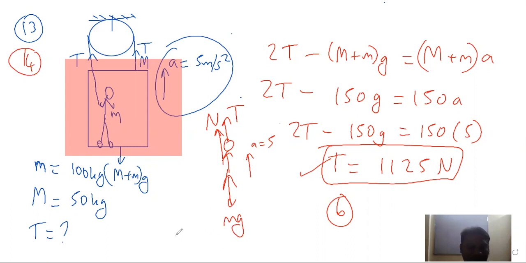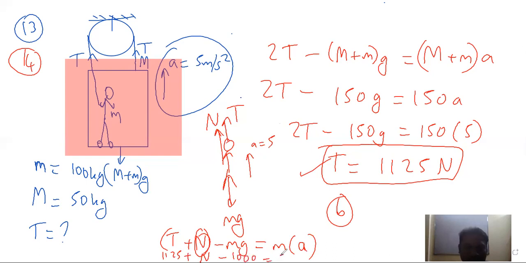So in this case, for the man, we have T plus N, the upward forces, minus the downward force mg, equal to the mass of the man into the acceleration of the man, which is a. N we have to find out. T we already found. It is 1125, plus N minus mg, which is 100 into g, which is 1000.